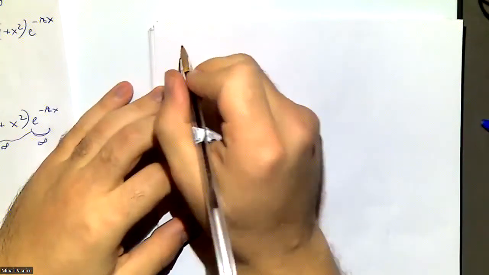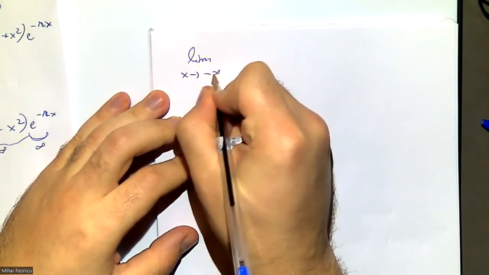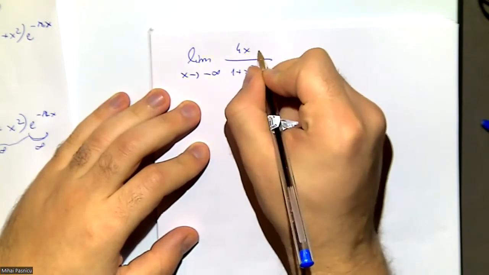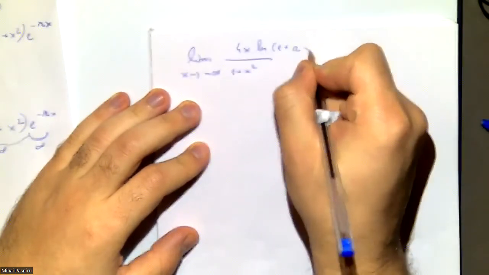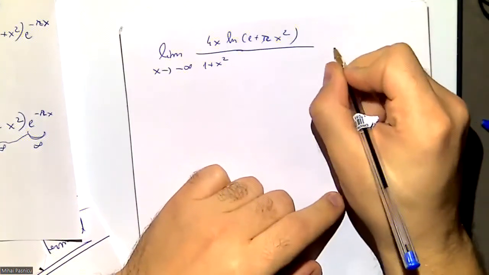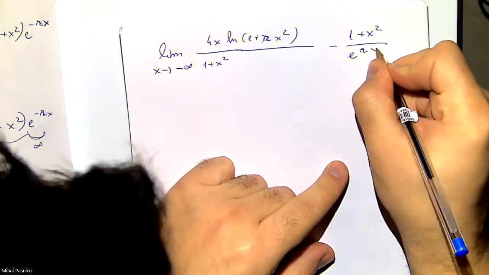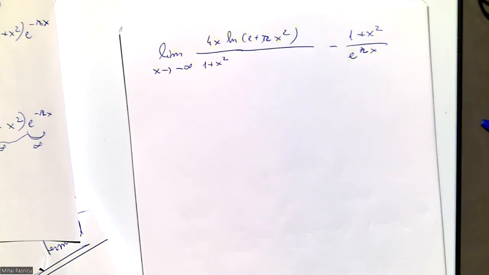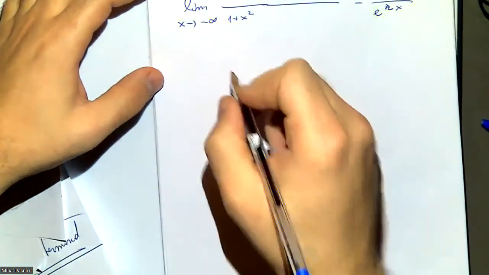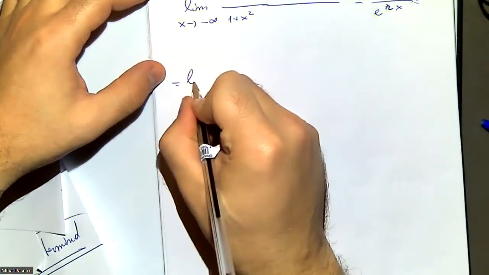So let's write this nicely. Limit as x goes to minus infinity of 4x over 1 plus x squared, times log of e plus rx squared, minus 1 plus x squared e to the rx. Okay. This doesn't look bad at all. Now, bring it to the same denominator. I don't know. I have no ideas. I'm stuck.